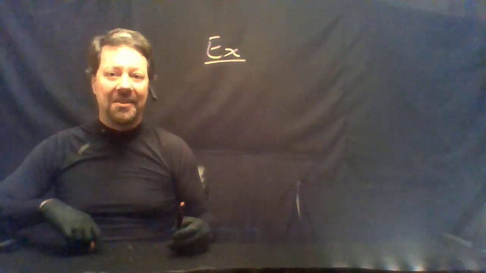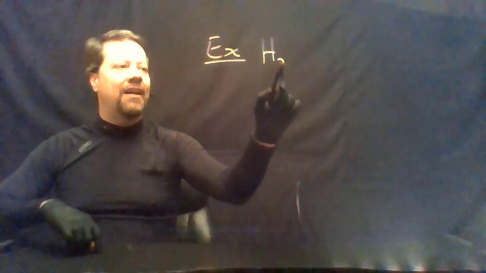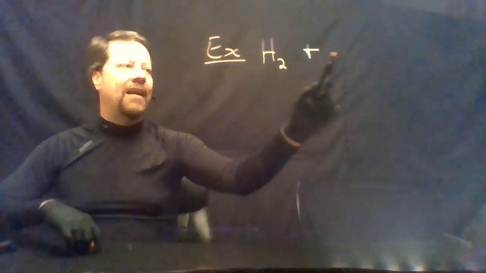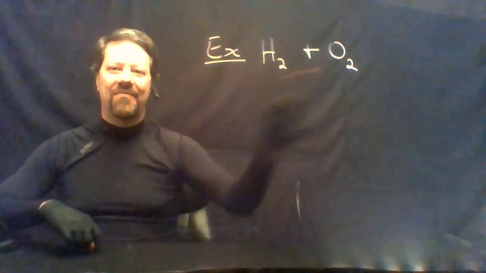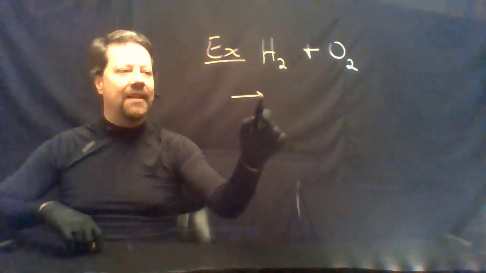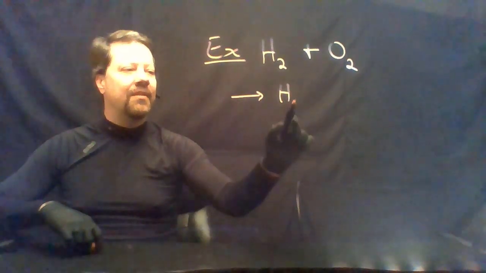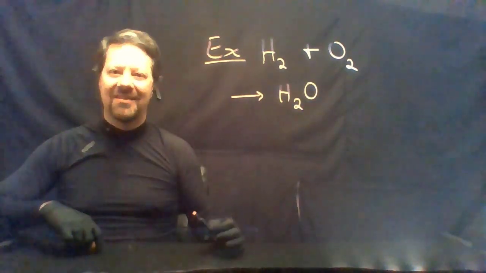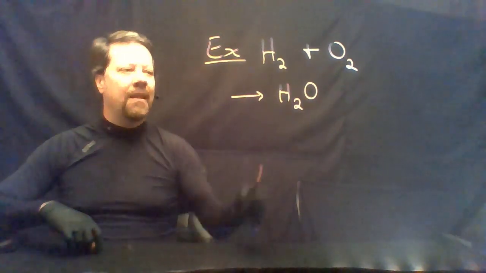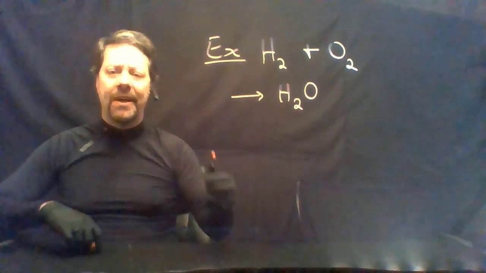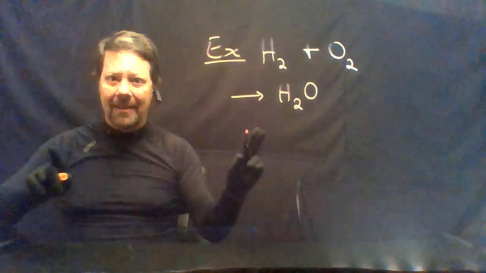I'd like to give you some examples of applications of linear systems. Suppose that we react hydrogen gas and oxygen gas, and let's suppose that these produce water when they react. As we know, chemical equations require balancing.